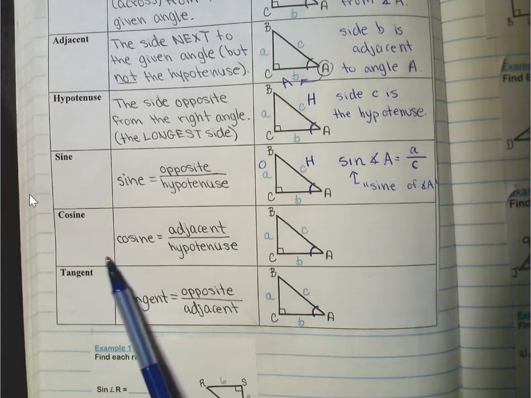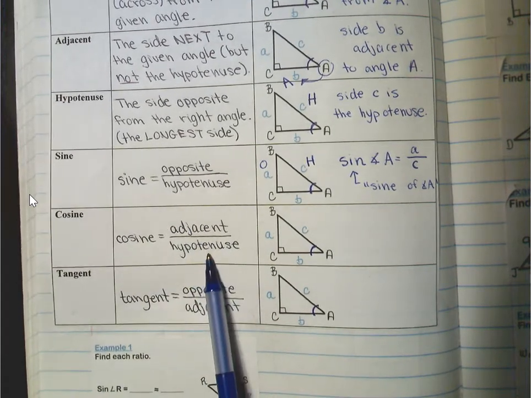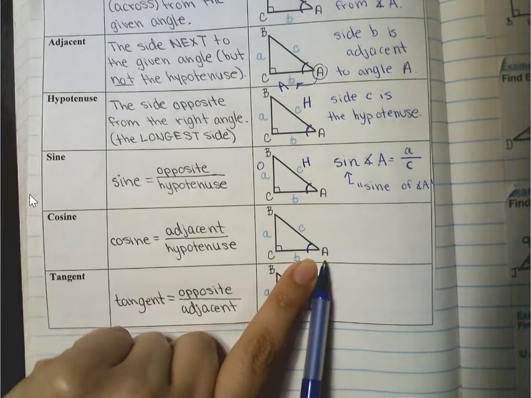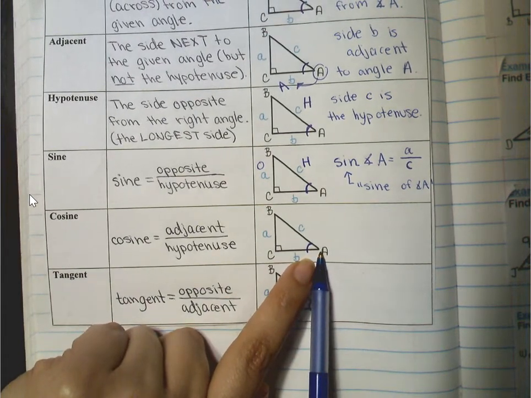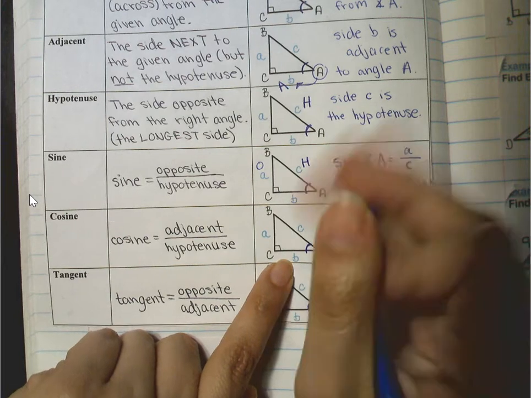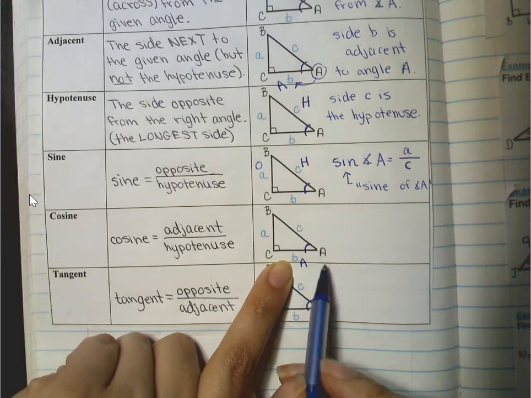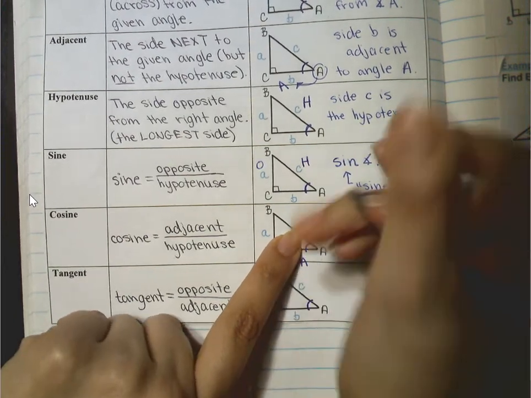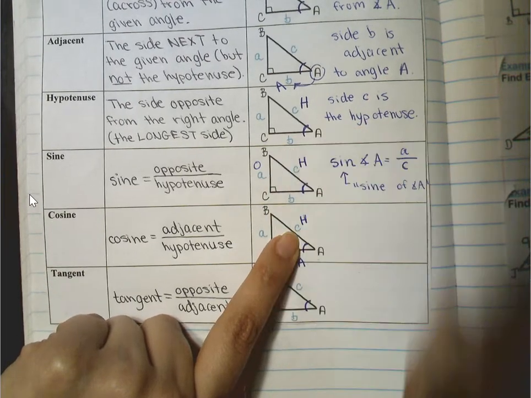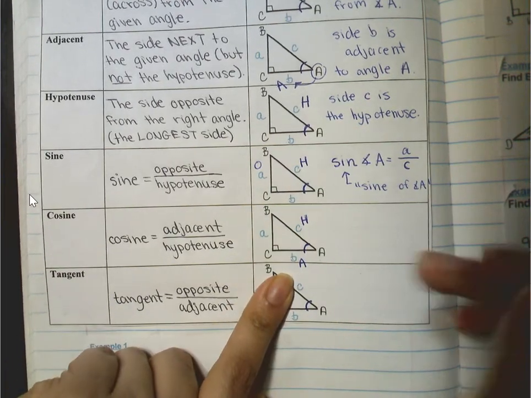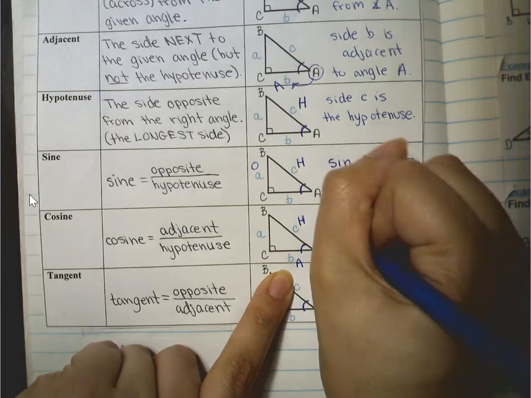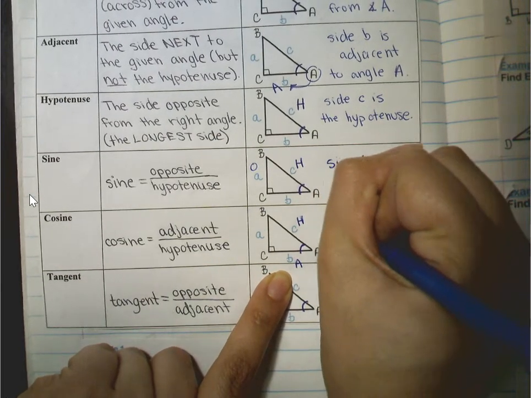Okay, so for cosine, I have adjacent over hypotenuse. Based on angle A, I need the side adjacent, that means next to it. So this one is adjacent over hypotenuse. Remember, C is always the hypotenuse, the longest side. To abbreviate cosine, we use COS.